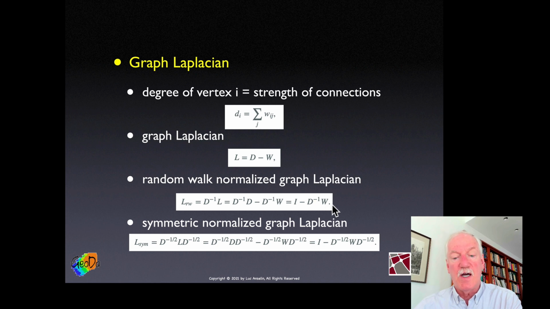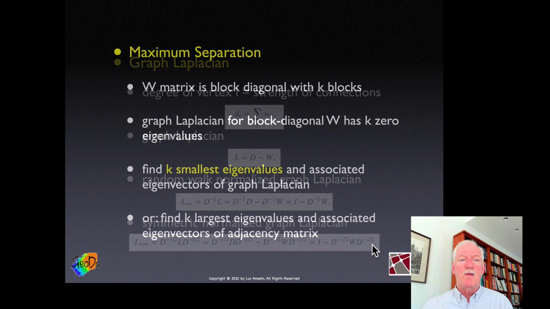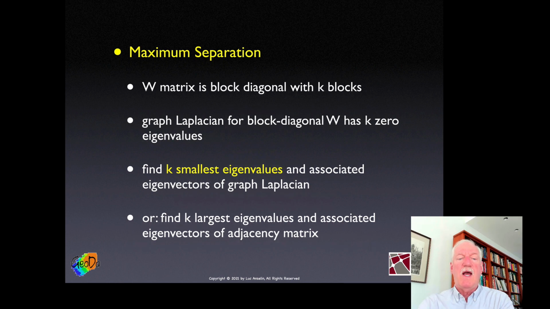This one is not symmetric. The second transformation is symmetric in that we pre- and post-multiply by the square root of the inverse of the degree. So with a little bit of algebra, we find that this is the identity matrix again, but instead of pre-multiplying with the inverse of the degree, we pre- and post-multiply by the square root of the inverse of the degree. So these are the tools. Then where do we get the maximum separation?